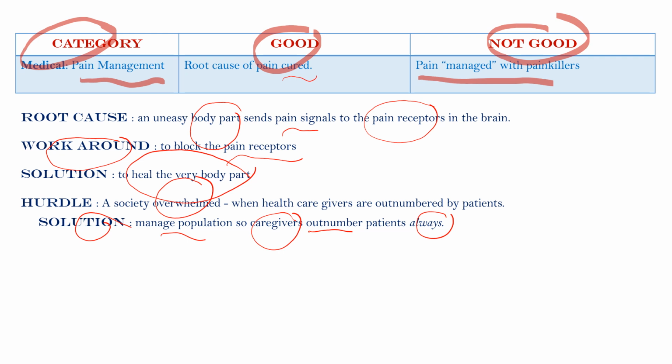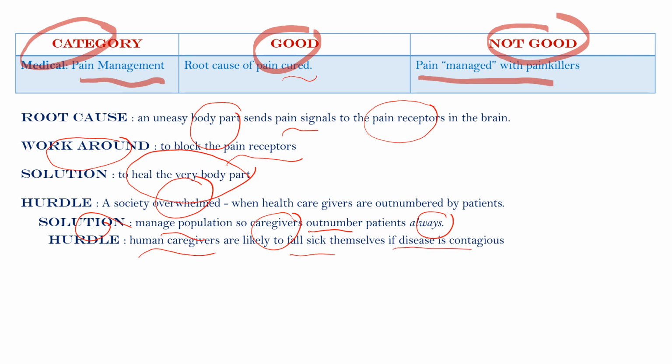Unfortunately, these caregivers can also succumb to disease and pain. The hurdle is that human caregivers, even if they outnumber the patients, are likely to get infected themselves and fall sick themselves if the disease is contagious. At this point, human caregivers and the healthcare system are likely to become overwhelmed.